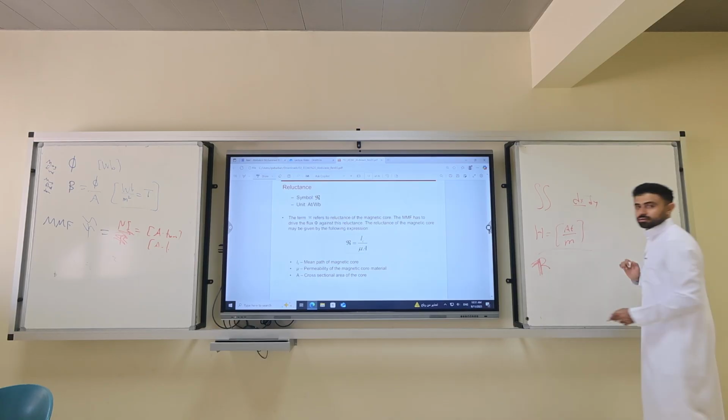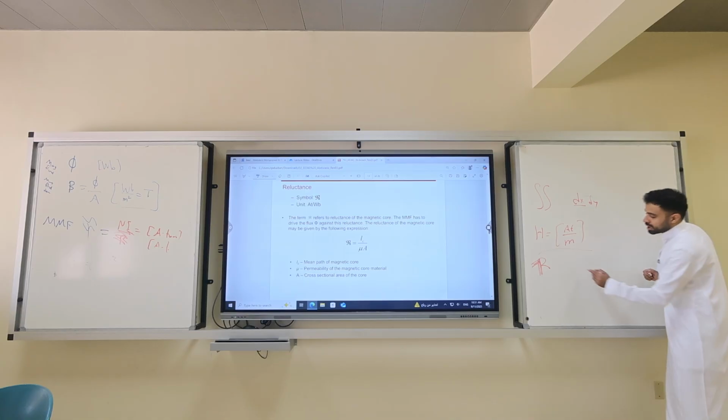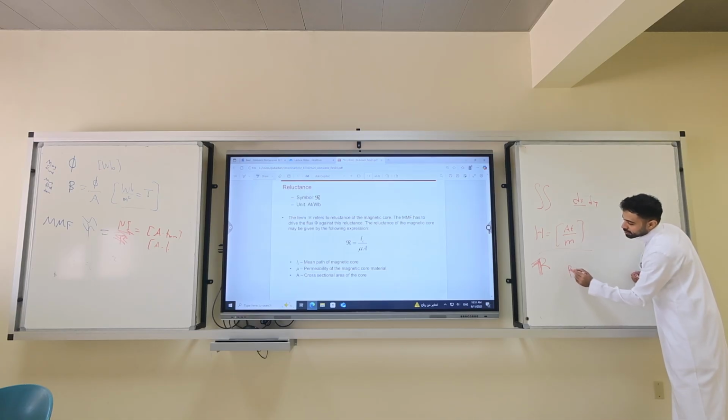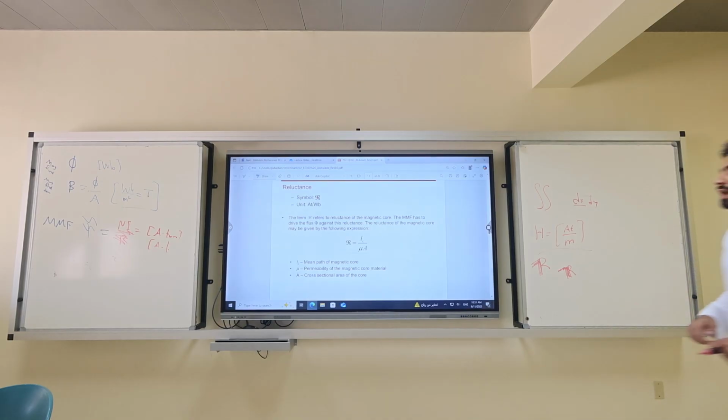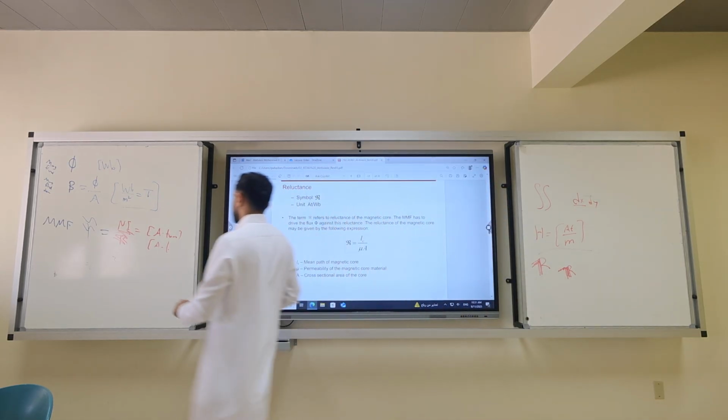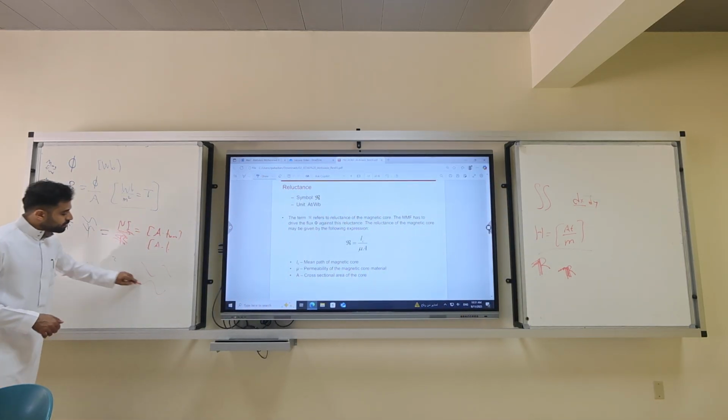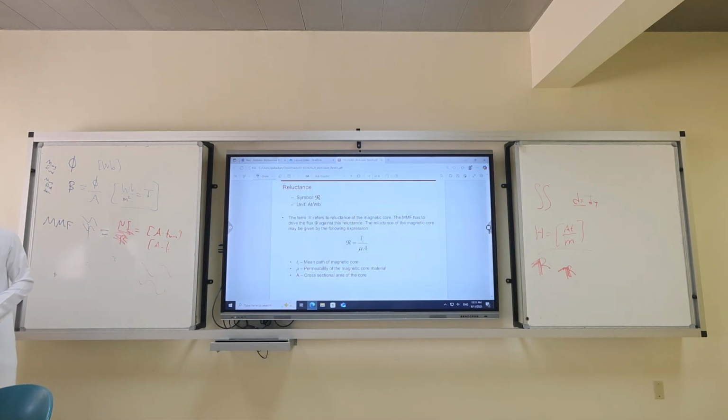Or you can do R, put another line, color it, and then put another line, color it. I don't care if you do it this way. It indicates this is not a resistance. An MMF is not a force. That's why we write the MMF's F this way. Not a force.